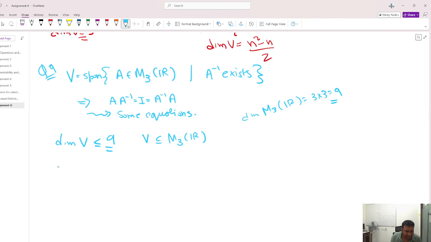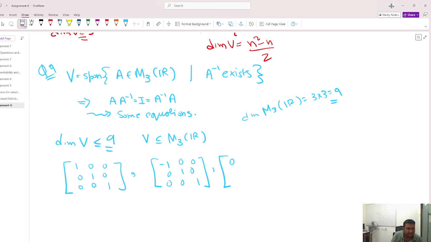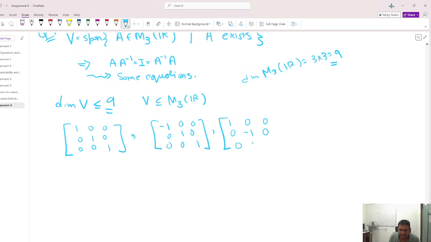So for example, consider this matrix: 1, 0, 0, 0, minus 1, 0, 0, 0, plus 1. Consider another matrix like this.